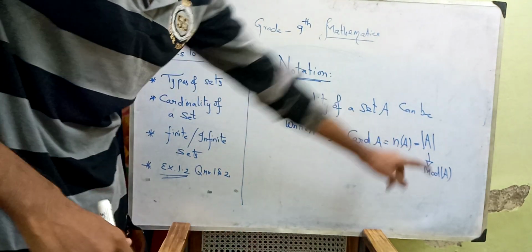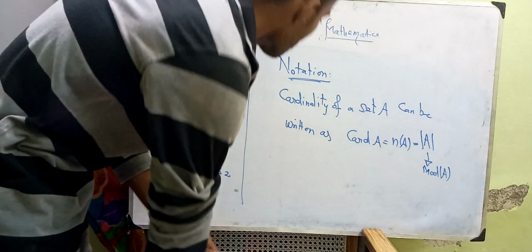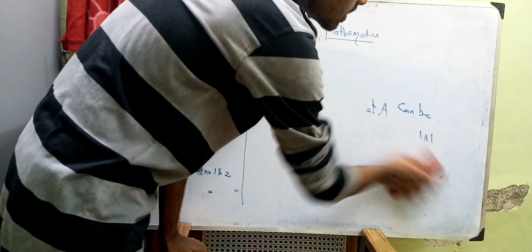So that is the cardinality of A, and then we'll move to the finite and infinite sets.